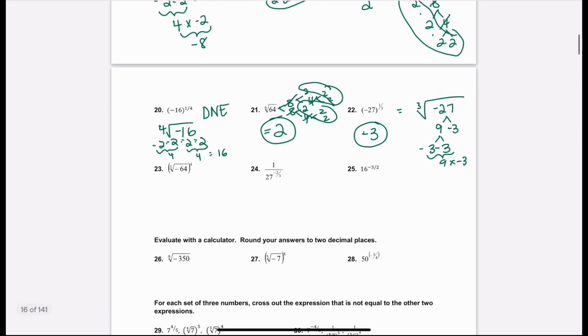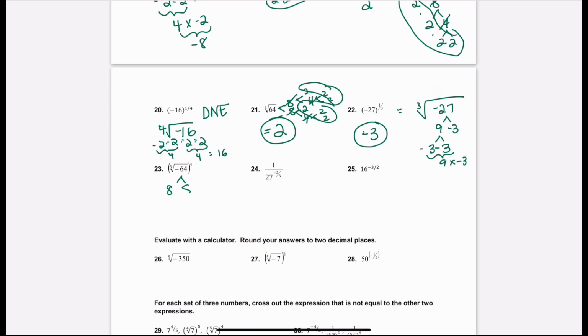Okay, number 23, we have the cubed root of -64 all to the 4th power. So we're looking for 3. I want to do what's inside the parentheses first. I'm looking for 2 numbers that multiply to -64. Well, let's just do 64.